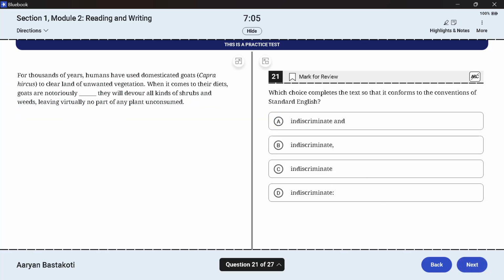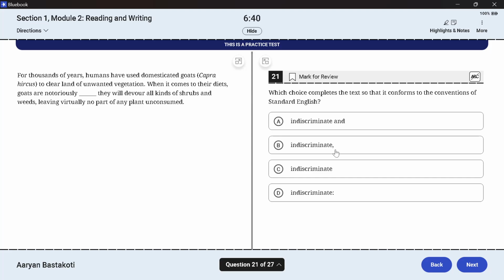This is just explaining. For thousands of years, humans have used domesticated goats to clear land of unwanted vegetation. When it comes to their diets, goats are notoriously indiscriminate. They will devour all kinds of shrubs and weeds, leaving virtually no part of any plant unconsumed.